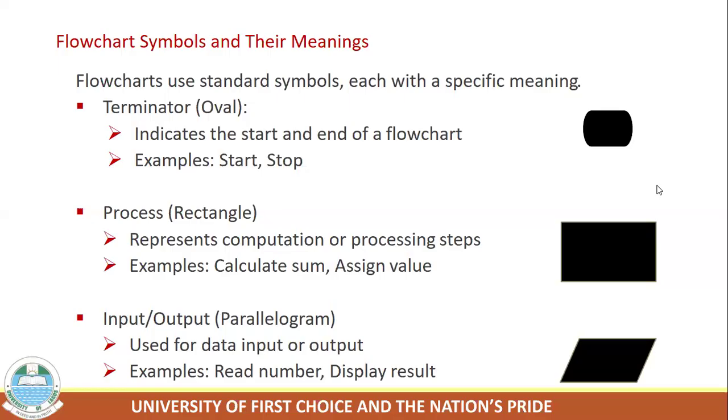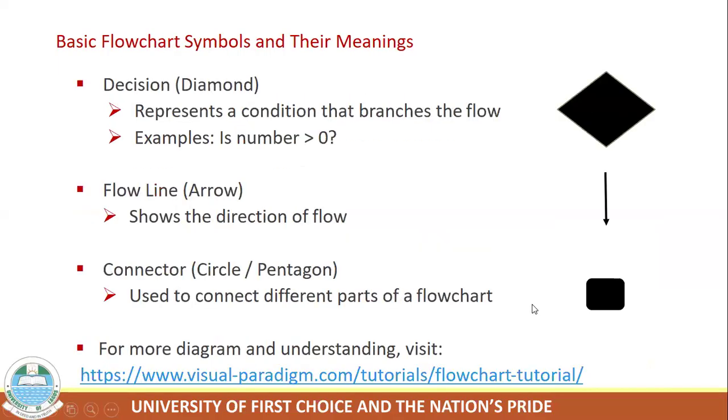Just follow through. You want to make a decision. The symbol for a decision is a diamond shape. Is A greater than B? Is A less than B? Is A equal to B? And all that. You want to make a decision.